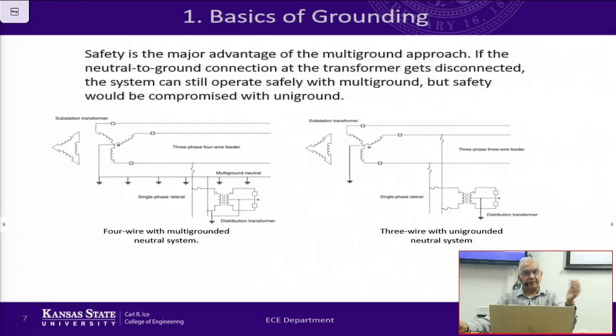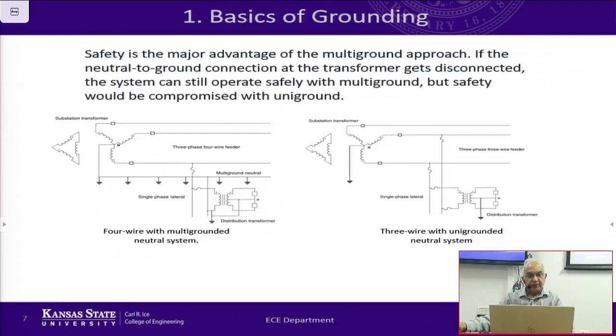So this is along the feeder, which is on overhead poles, so they will be grounded at different locations. Even if you have an underground system, the neutral wire will be grounded at multiple locations. And then you see here, this is where one of the phases has the tap with a fuse.